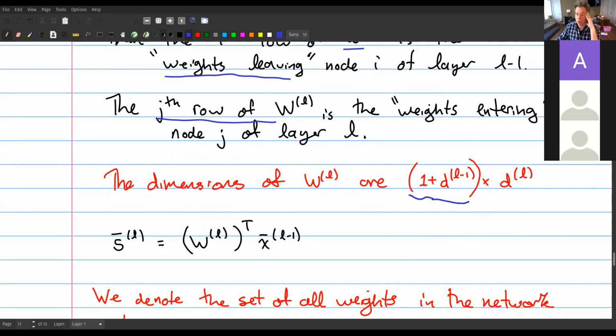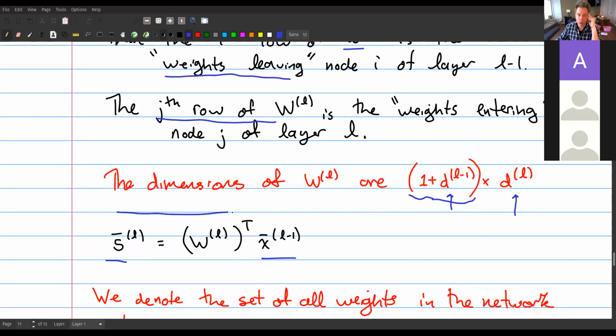This is 1 for the bias node plus the number of non-bias nodes in layer l-1. Those are the inputs, and then the outputs, there are d_l of those. When you actually compute s from x, you have to take the transpose because the dimensions have to work the other way.